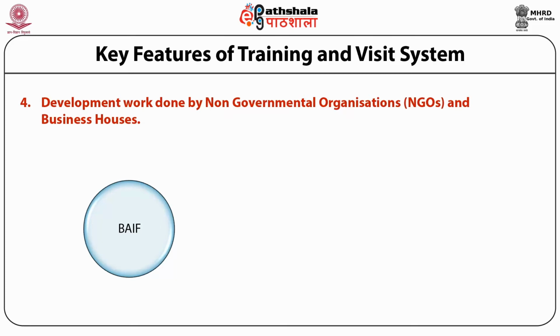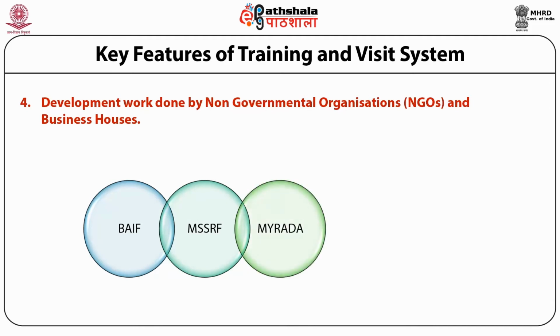Especially, its emphasis is on Uttar Pradesh, Madhya Pradesh, Rajasthan, and various other underdeveloped or developing states, and it is providing a good amount of services. In a similar way, the MS Swaminathan Research Foundation is providing human services to the fishermen and the needy community in the states of Tamil Nadu and Pondicherry.